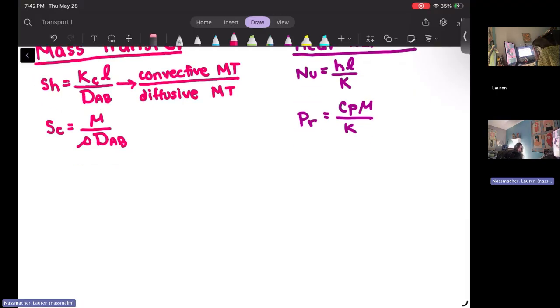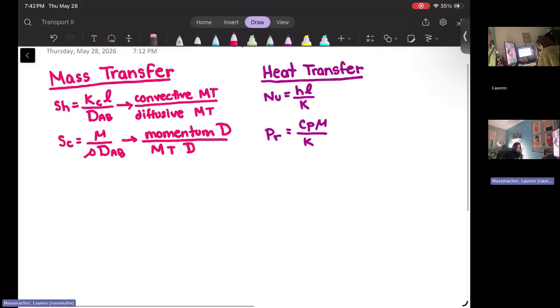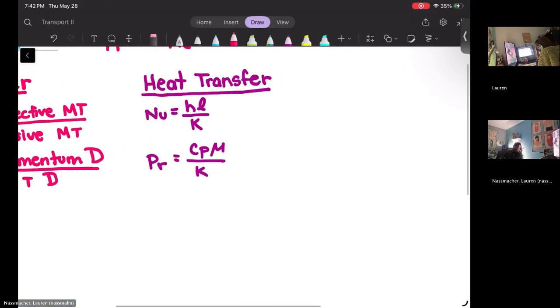For the Schmidt number, we have our momentum diffusivity, and I'll just put capital D, divided by our mass transfer, MT, diffusivity, D. These aren't actual acronyms. I'm just simplifying it down.